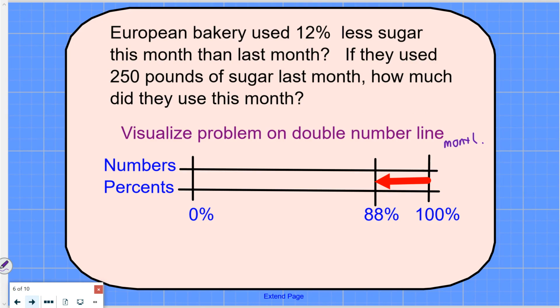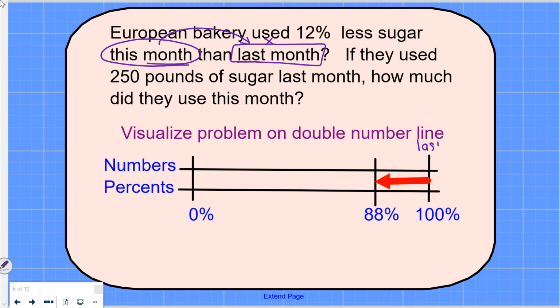A European bakery used 12% less sugar this month than last month. Whenever you have time, you're comparing the later date to the earlier date. Last month has to be my x. It is my point of reference. I am comparing this month to last month.